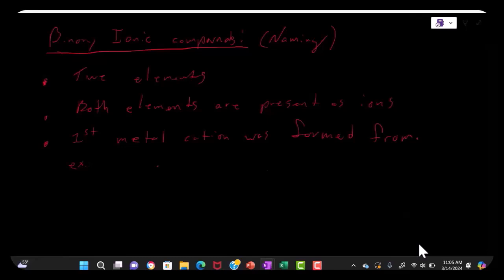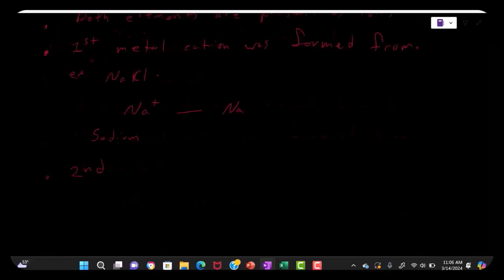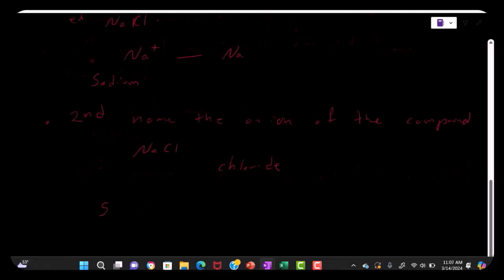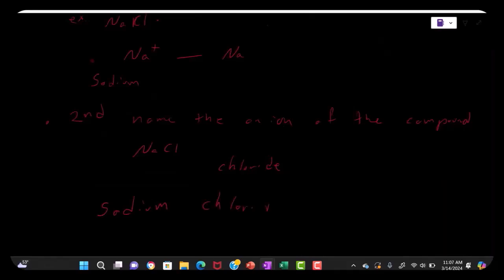An example would be sodium chloride. The sodium ion came from the metal sodium, so the first part of the name would be sodium. The second part of the naming system is to simply name the anion. In sodium chloride, the anion is chloride, so the name is sodium chloride.